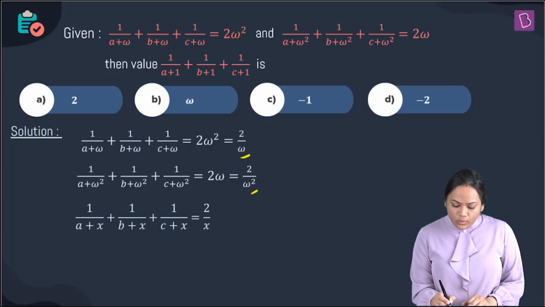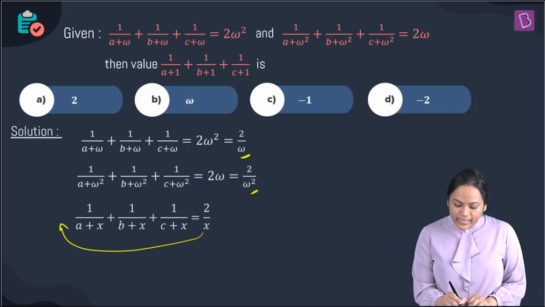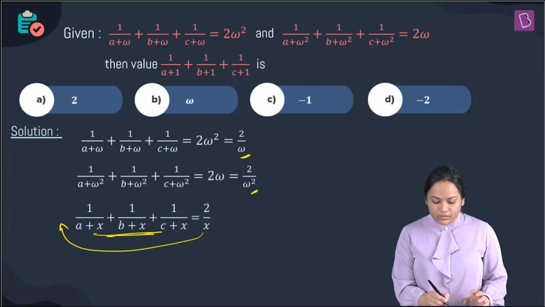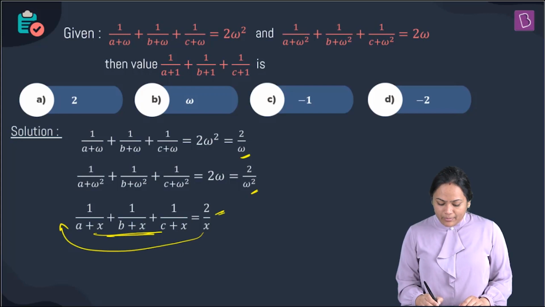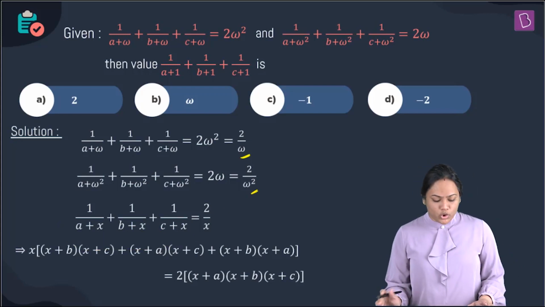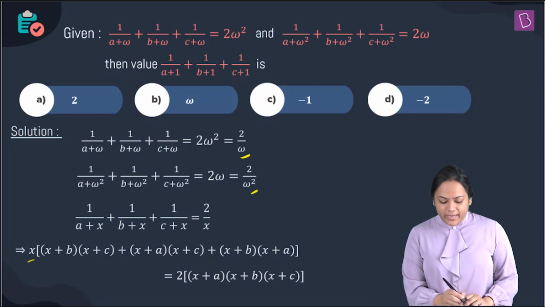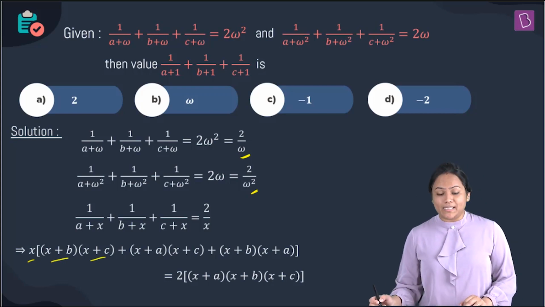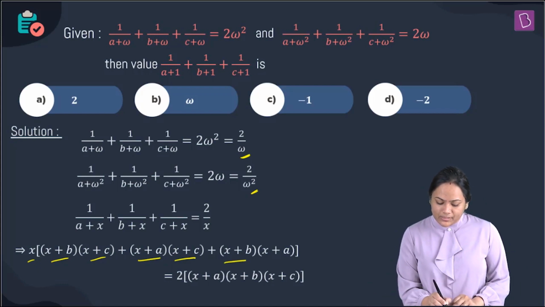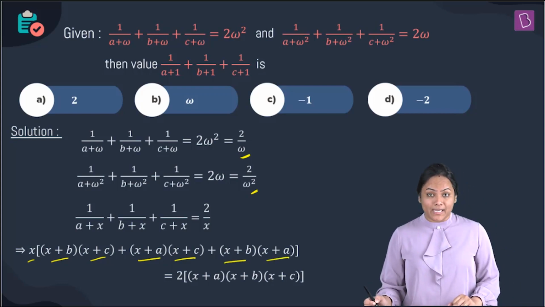When I cross multiply x onto this side, and on the left hand side take the LCM and multiply the denominator to my right hand side, I'm going to get an expression like this. This will be the expression. I'll have x multiplied by x plus b into x plus c, plus x plus a multiplied by x plus c, plus x plus b multiplied by x plus a.